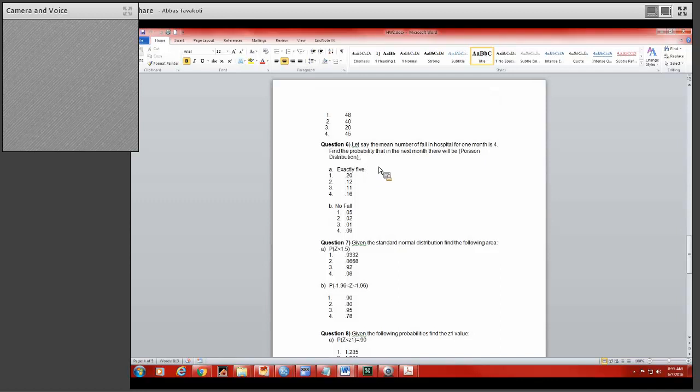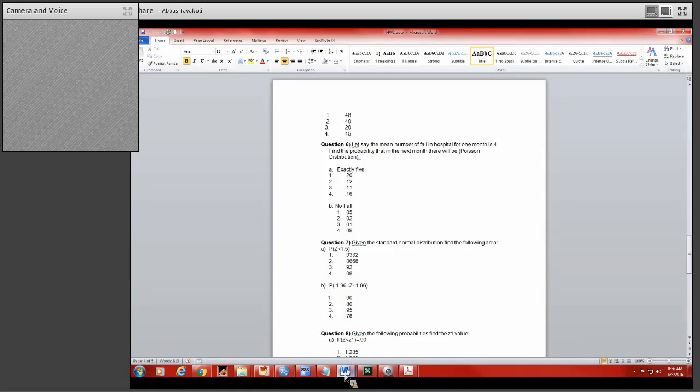So you have that information, you can easily calculate that. So problem 5 is, let's say the probability that a nursing student passes the class is 0.96. What is the mean number of nursing students who pass in a sample size of 50? So basically, again, you have n times p, you can calculate that.